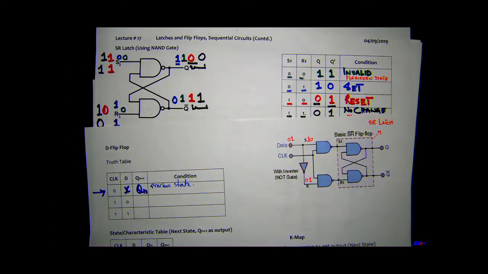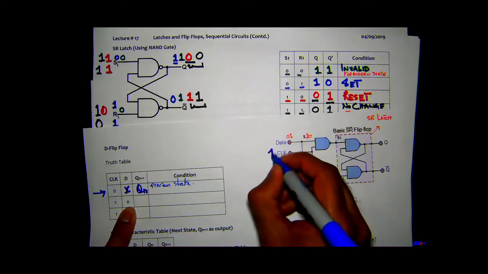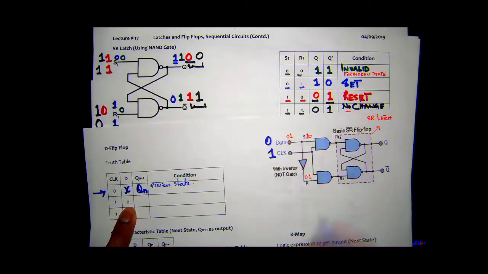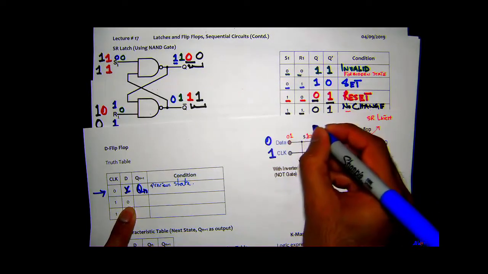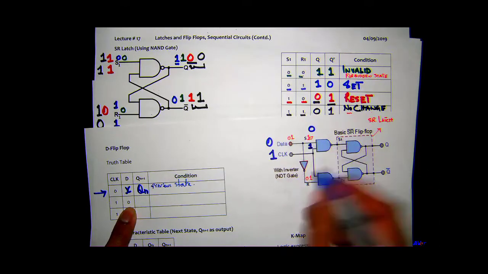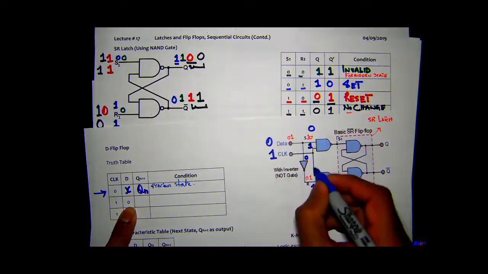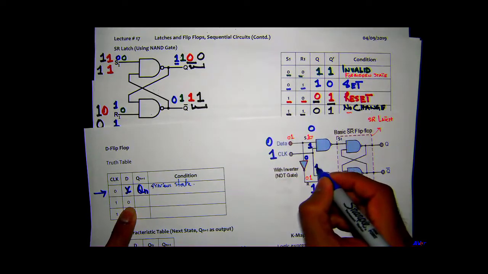When clock is 1 and D is 0, S is going to be 0. Clock is going to be 1 here. This 0 goes into the inverter, becomes 1, and clock is 1 here.